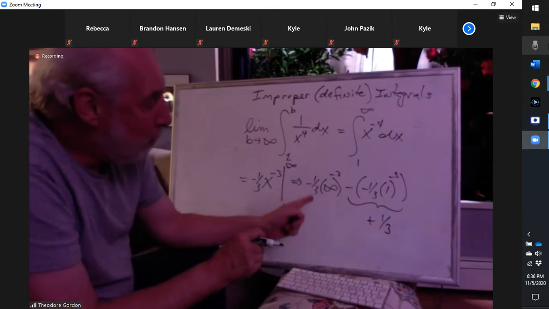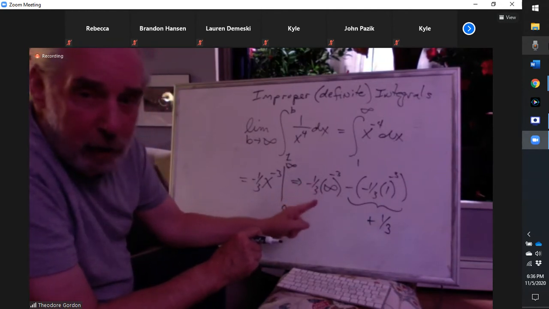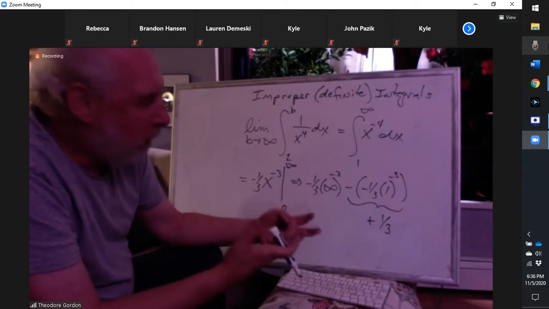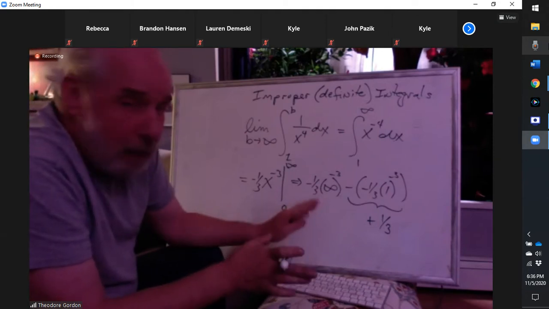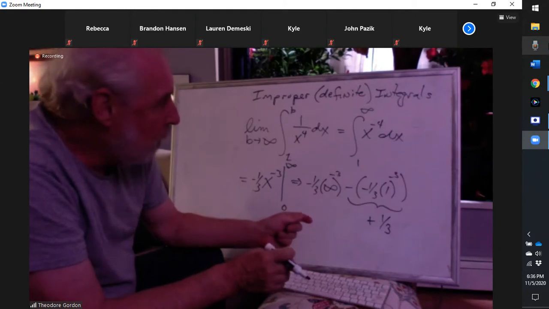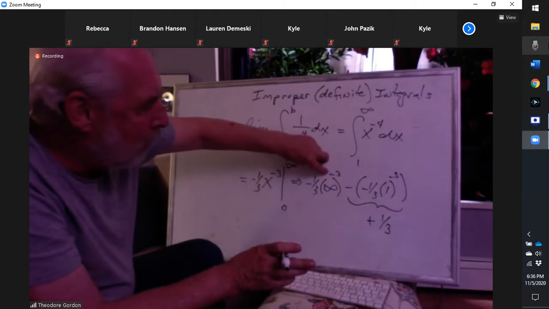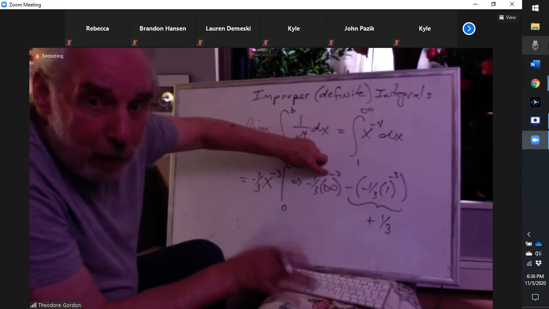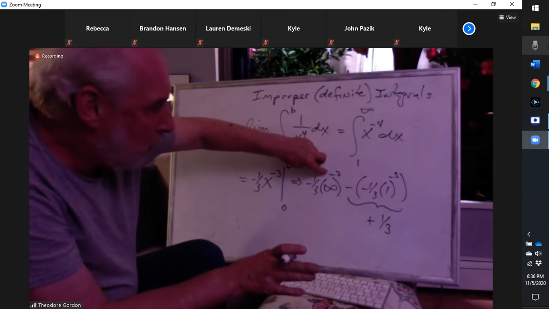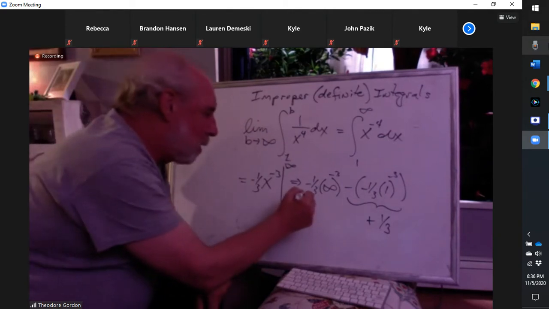But now we have to figure out, where does this go? So now we have an occasion where, so infinity is not a number. So my advice would be, for all of these problems, if you have a negative exponent, get rid of it. They can fool you. So I'm going to get rid of this negative exponent.